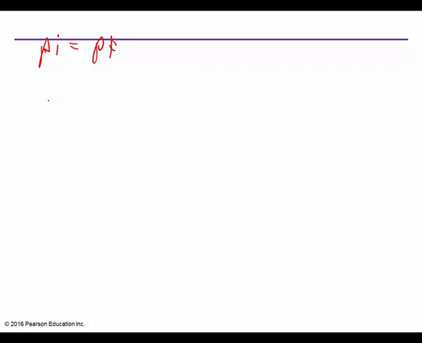So in an inelastic collision, we have object A and object B. Let's say object A is moving this way and object B is moving that way, and they collide.